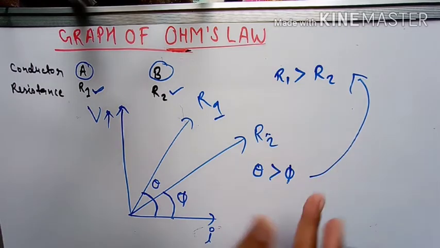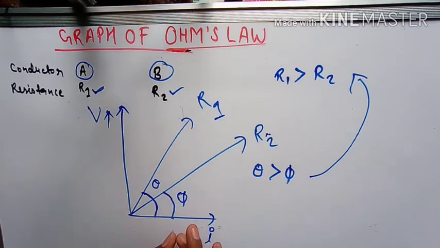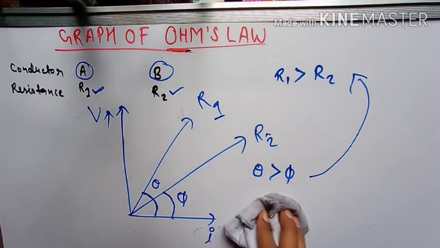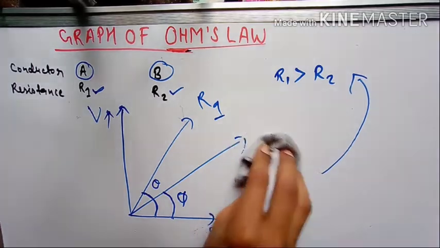Okay, so let's move to the calculation part. Suppose we have a graph based on V and I and want to calculate the value of resistance, so how to do it? Let's see.